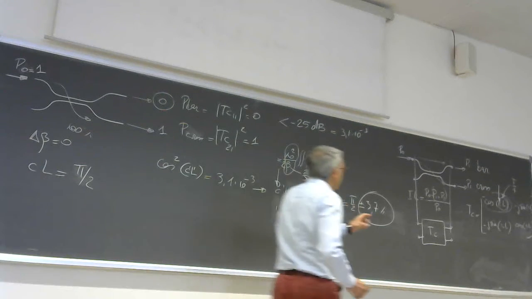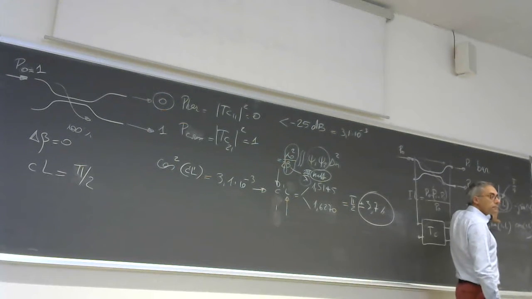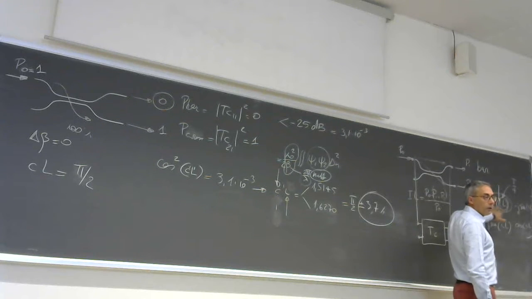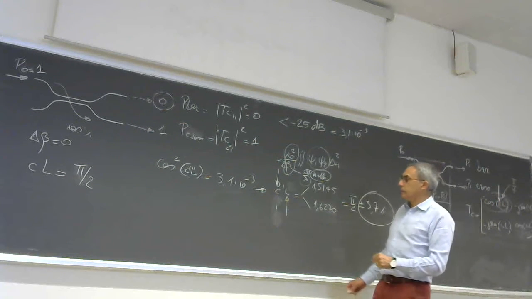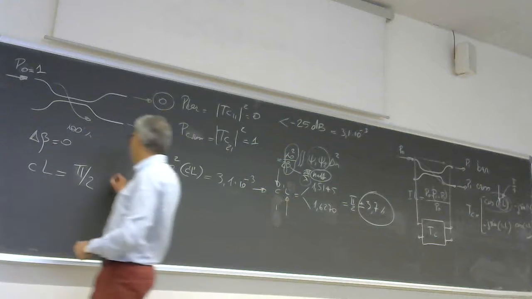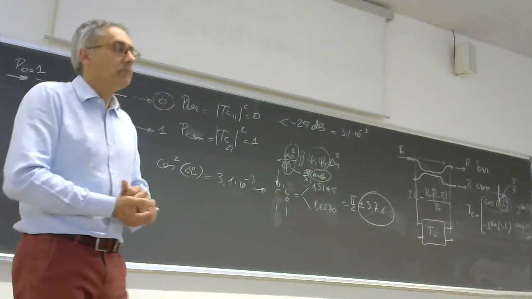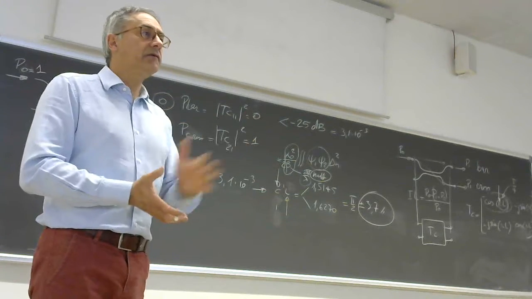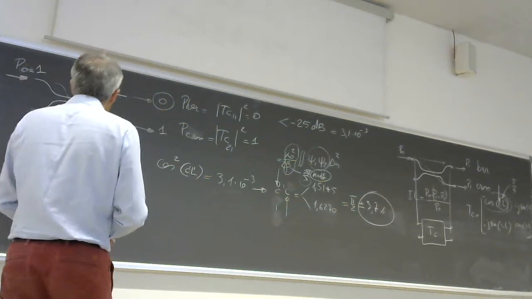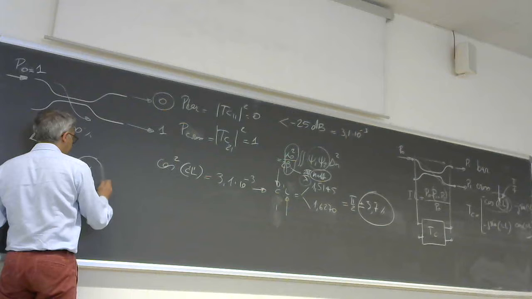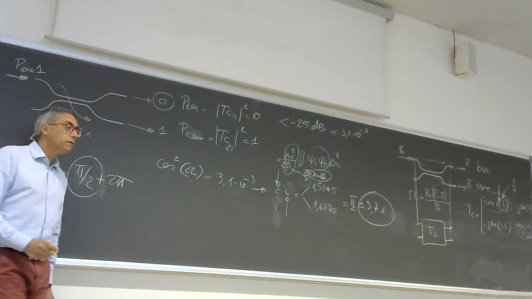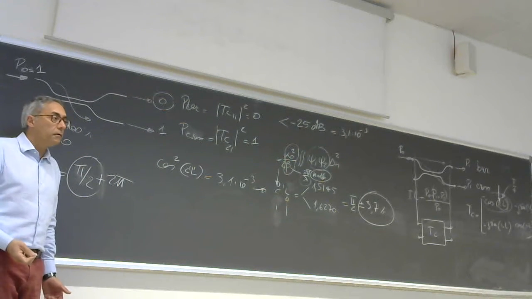We have a periodic function here. So I say CL equals half pi. No one reacted, but I could write also half pi plus 2 pi. It's the same.